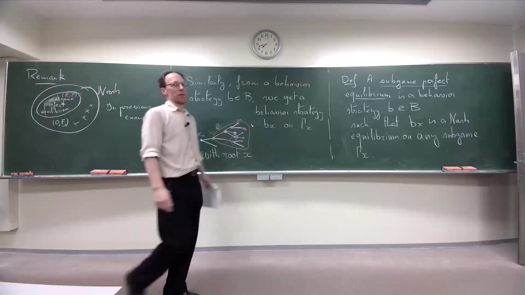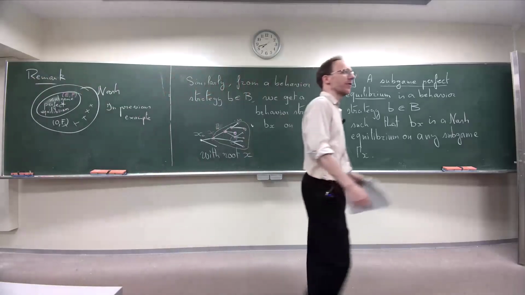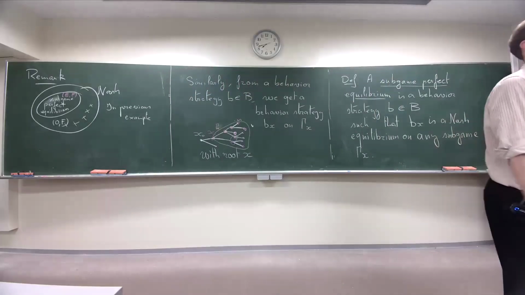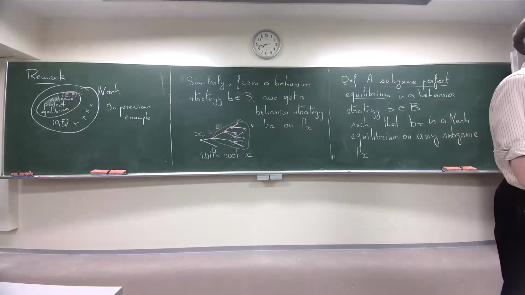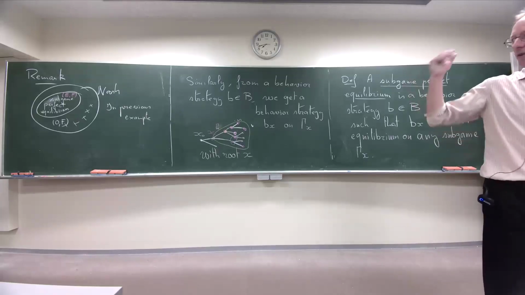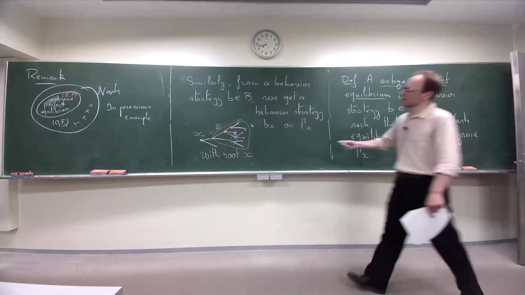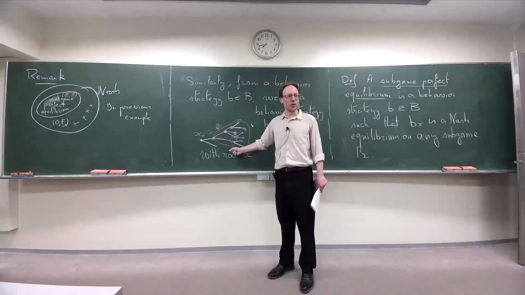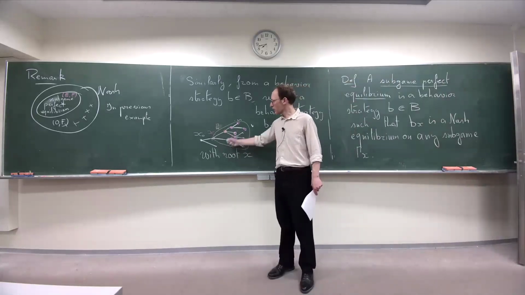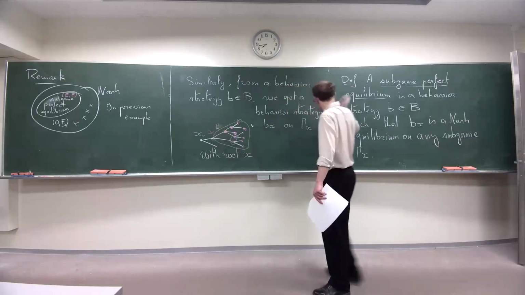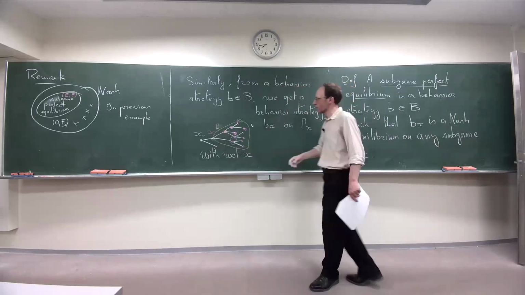Still, there is a problem. This definition is not perfect. Can you guess why this definition of subgame perfect equilibrium is not sufficient? Because it assumes that you can decompose. But if you have several things like this, maybe you cannot decompose. Because remember, I need this condition about decomposition.